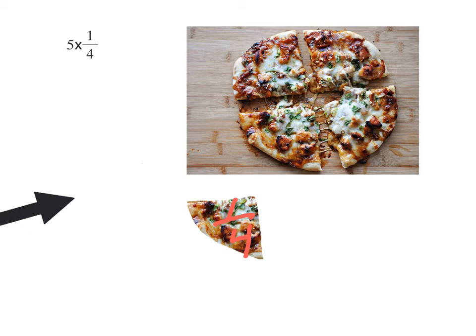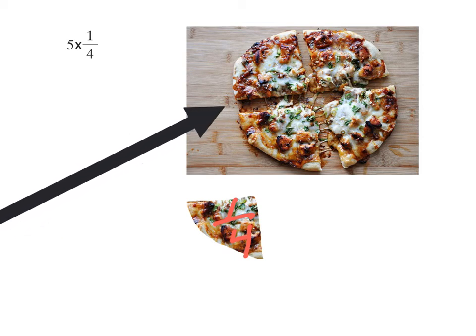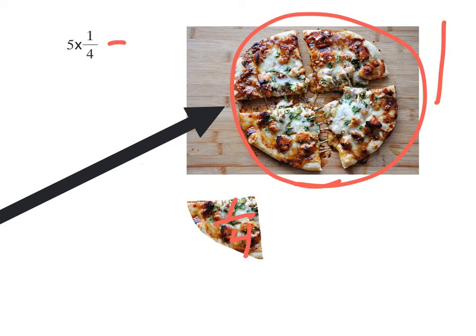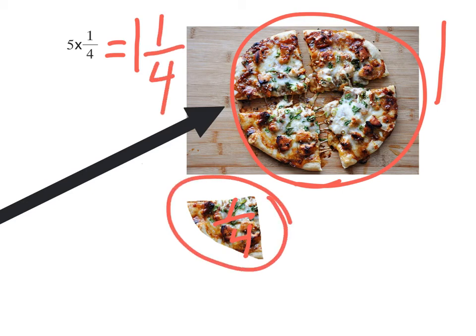What happens when you put these fourths together? You get 1 whole pizza. So I know 5 groups of 1/4 is going to give me 1 whole and 1/4. Let's go back to just the numbers. 5 times 1/4, or 5 groups of 1/4.